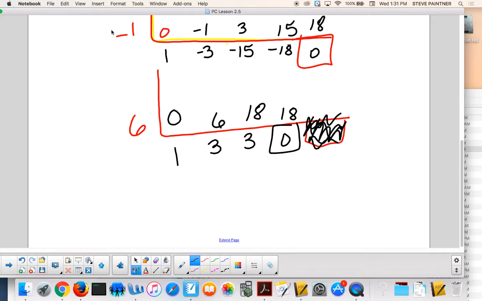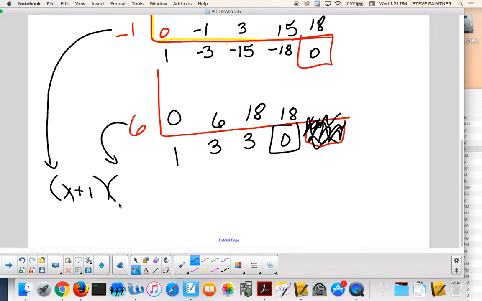So you have to realize this was like dividing by x plus 1. This is the same as dividing by x minus 6. What's left is the answer to your division. You were actually dividing by this, weren't you? Here you were dividing by x plus 1. This is what's left. What is it?